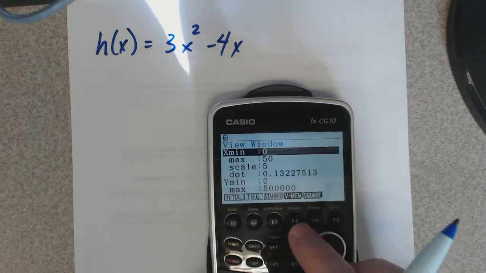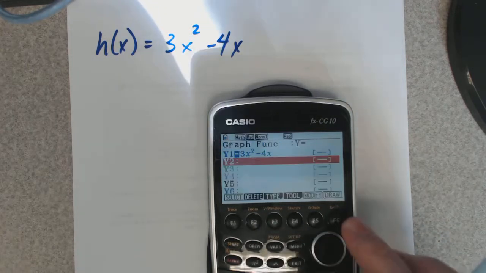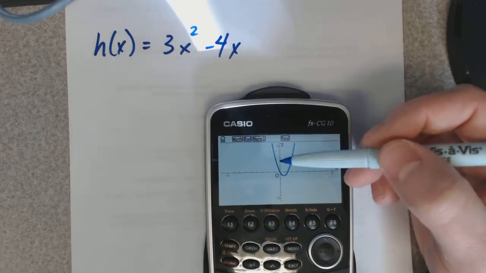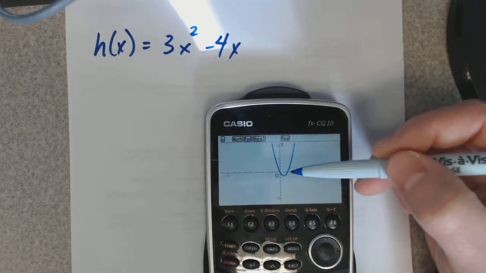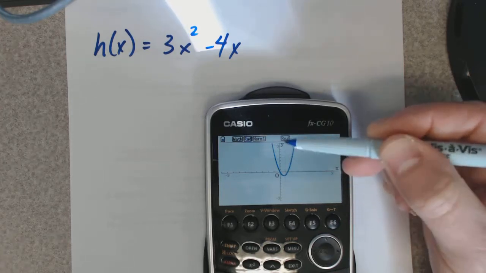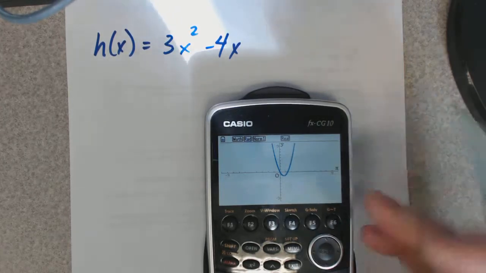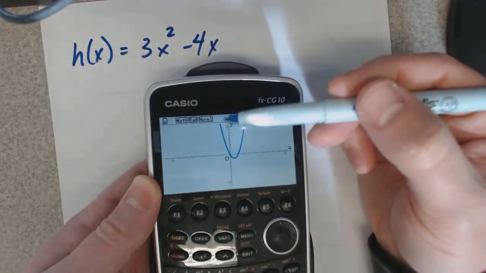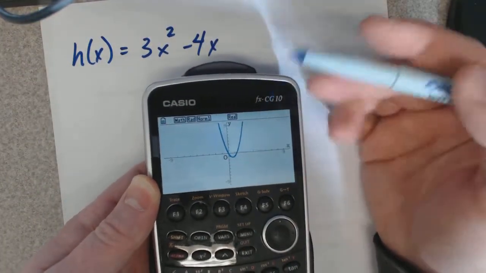The whole parabola has been shifted off the y-axis. The y-axis is no longer the line of symmetry. It's not symmetrical about the y-axis anymore. This is not even.